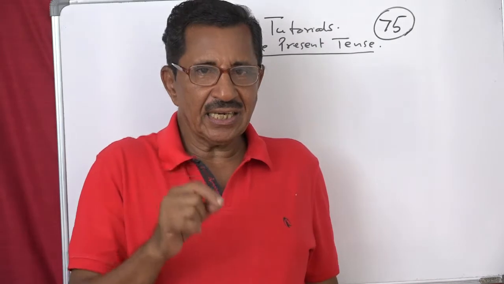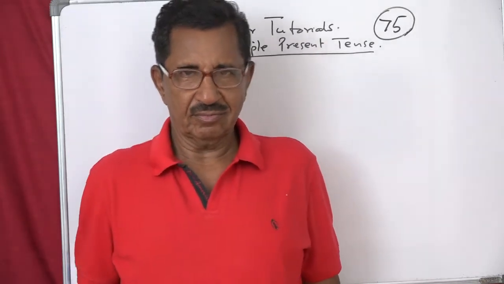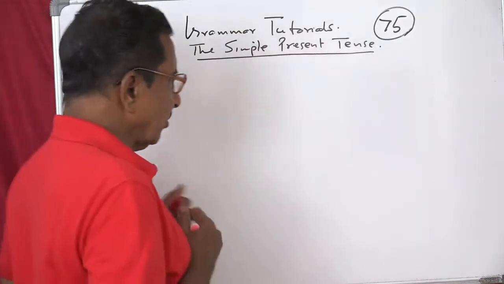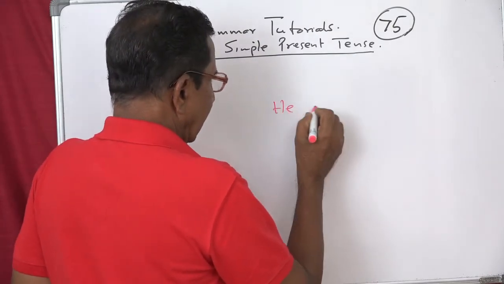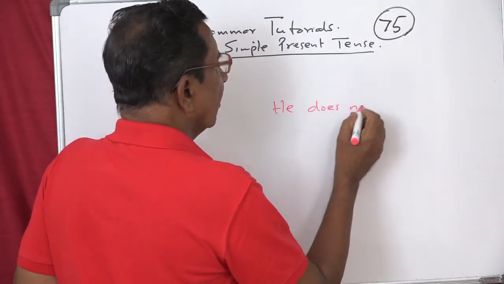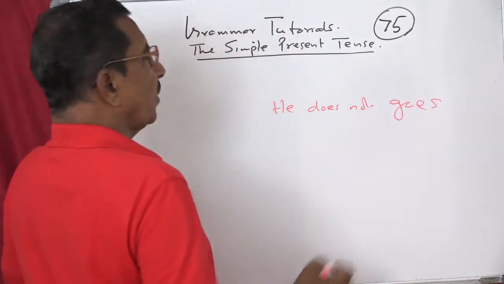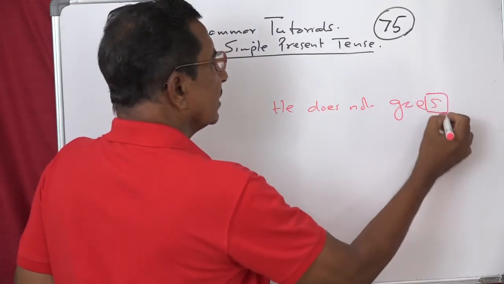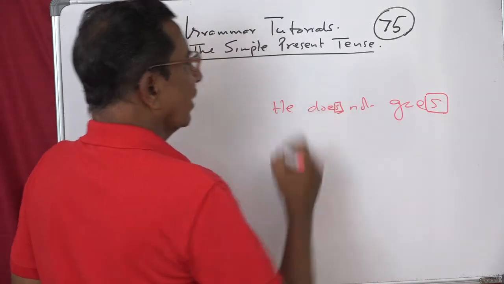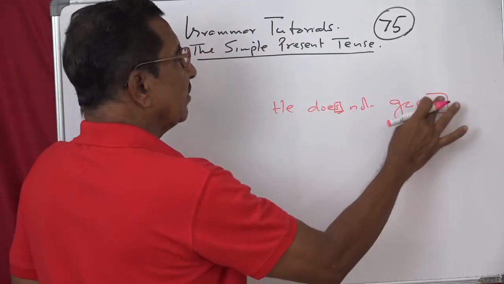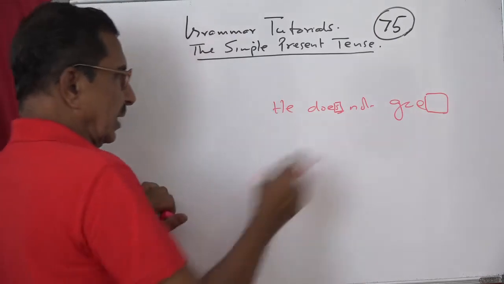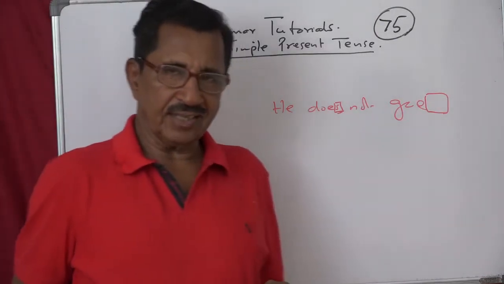Don't say he does not goes. What is the problem here? The problem is you are doubling this. Because you have already taken the S from here and added it here, so there's no point in saying goes there.